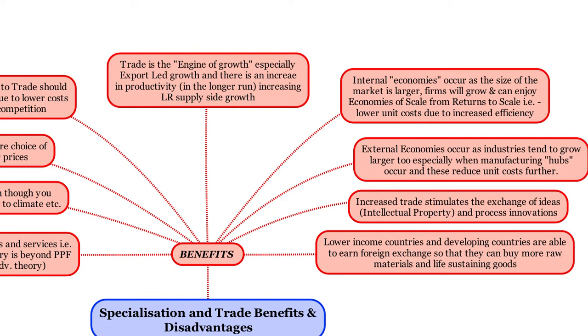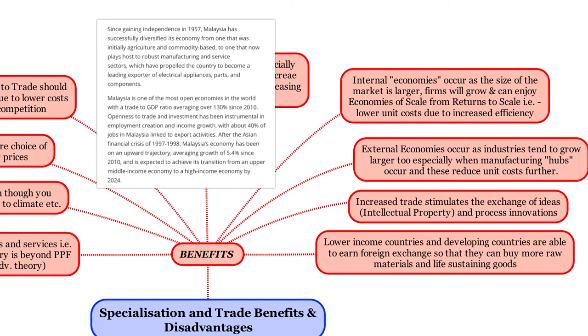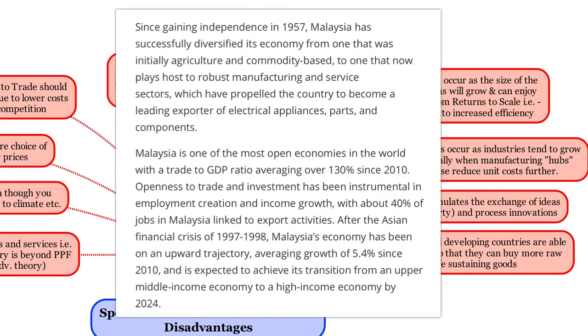Just want to show you at this point a couple of countries that might help you. Here's the country Malaysia, and you can see from this little snippet here, Malaysia has diversified. It was agriculture, commodity based, but now it's a robust manufacturing and service sector industry, and it's a leading exporter.